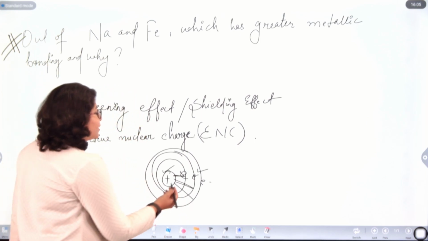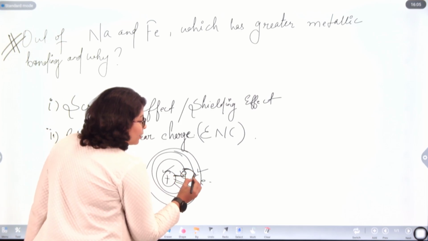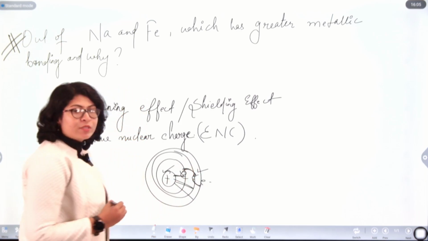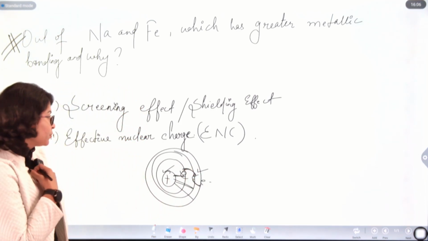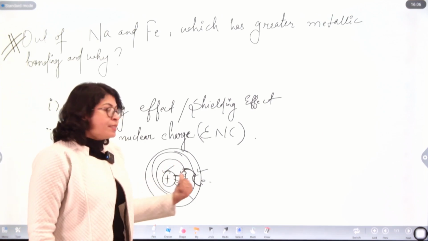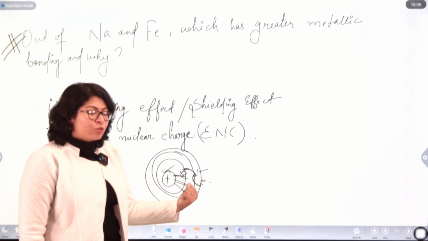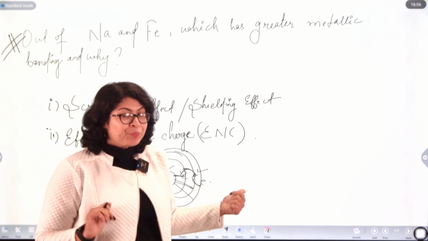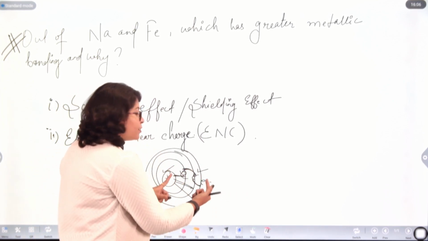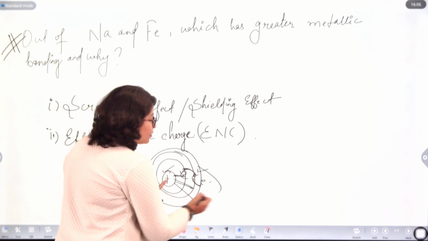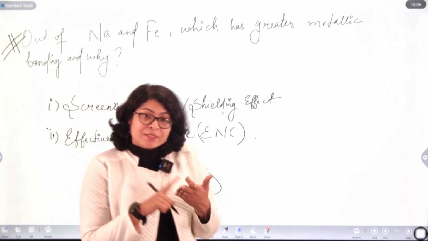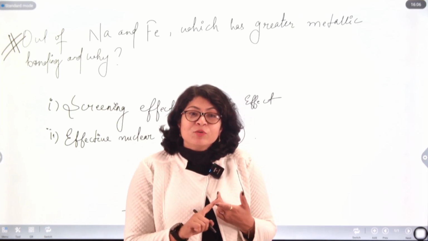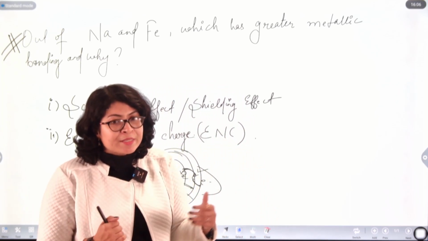And between these electrons there will be repulsive forces. So these repulsive forces between these electrons will push the outermost electrons further away. Now this distance will be further increased, right? If the distance is increased, then the effective nuclear charge will gradually decrease, right?